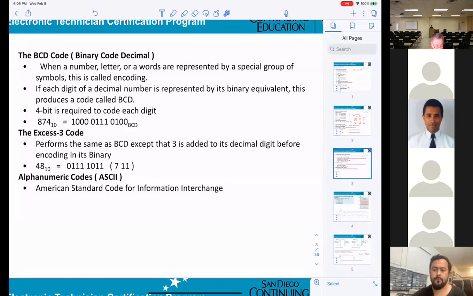Last one, alphanumeric code, ASCII. That stands for American Standard Code for Information Interchange. If you go to Google, typing ASCII, it will give you a table of the relation between the decimal, alphabet, and the binary.